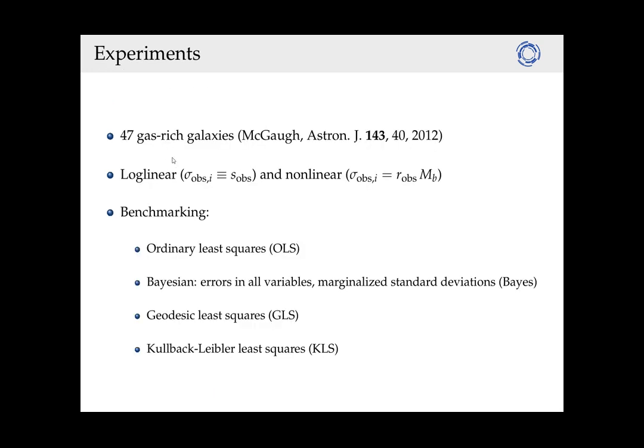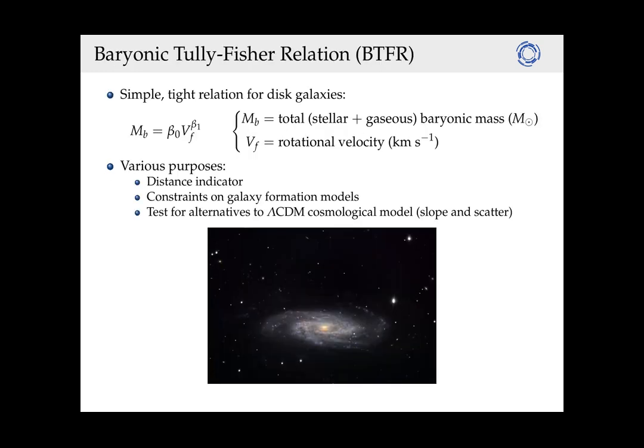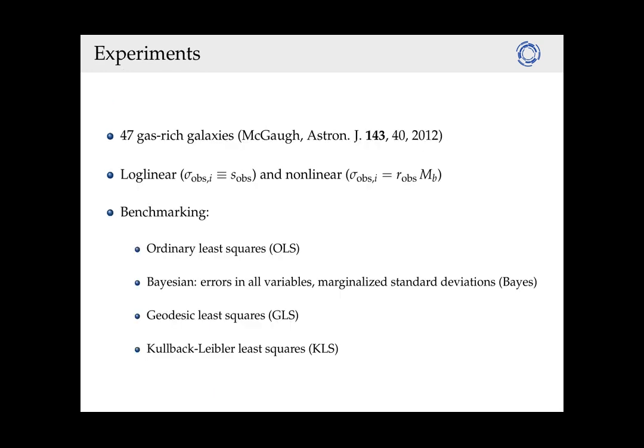So we're going to do this on the log linear scale, where we assume that the observed standard deviation on the measurements is parameterized by this parameter S obs, which is assumed to be the same on the logarithmic scale for all measurements.